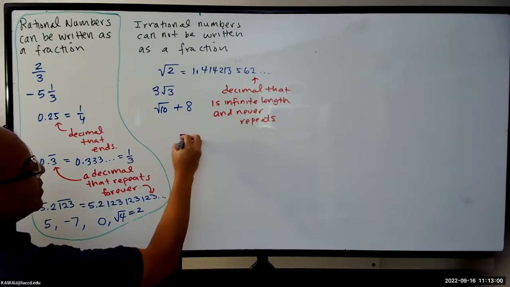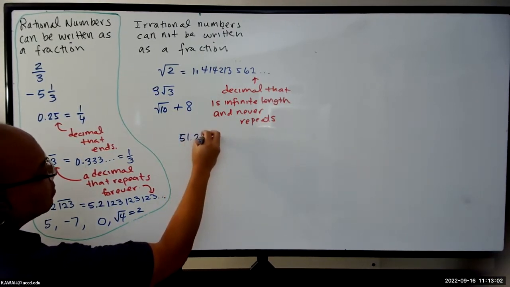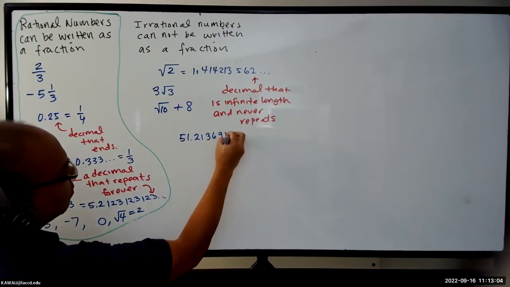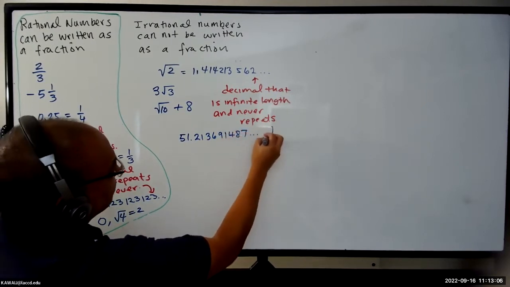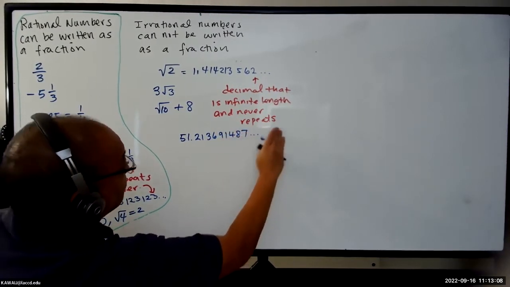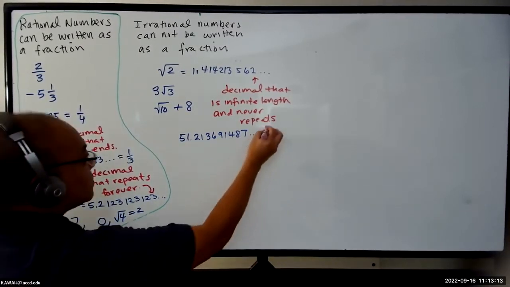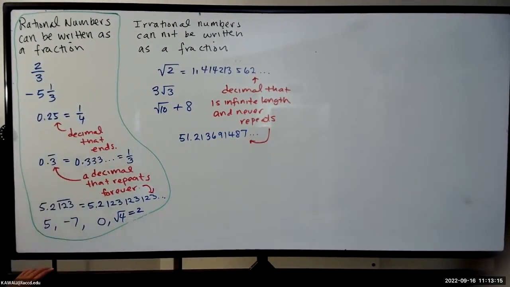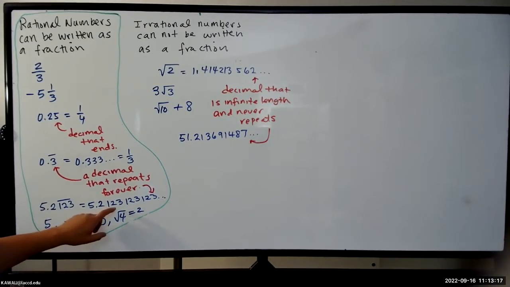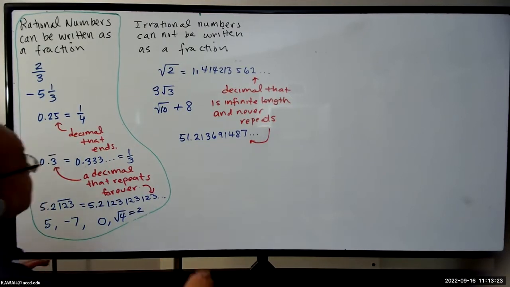So a lot of times on the test, they'll write it like this, which is different from this because you see it repeating, whereas over here, you don't see it repeating. So here is number 1.